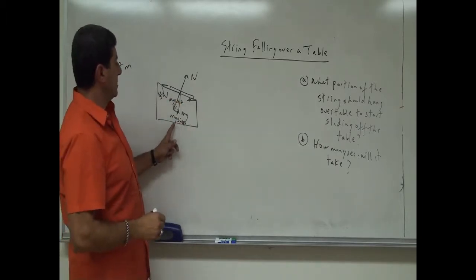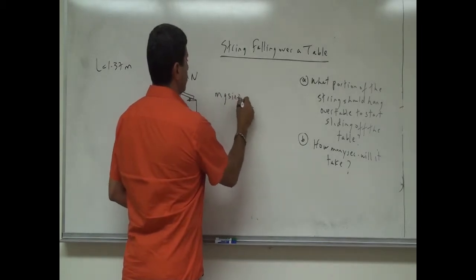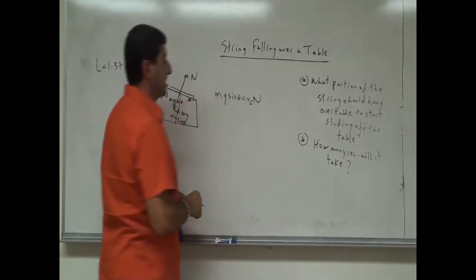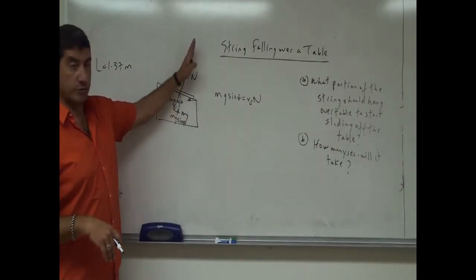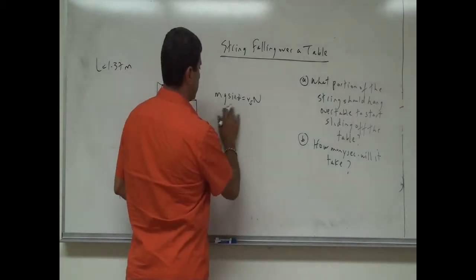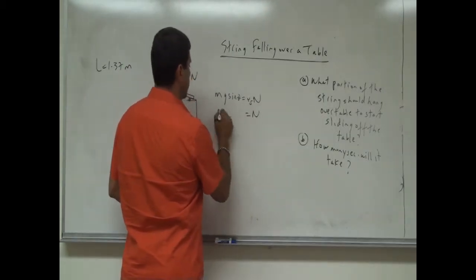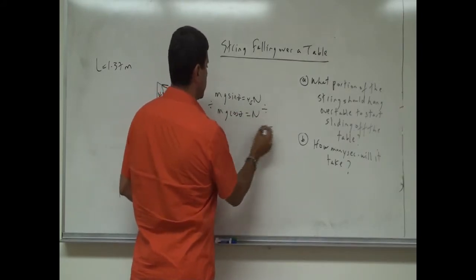So we can say mg sine theta is equal to the maximum force of friction, mu_s N, and the normal force N is equal to mg cos theta. Then we divide the two equations.